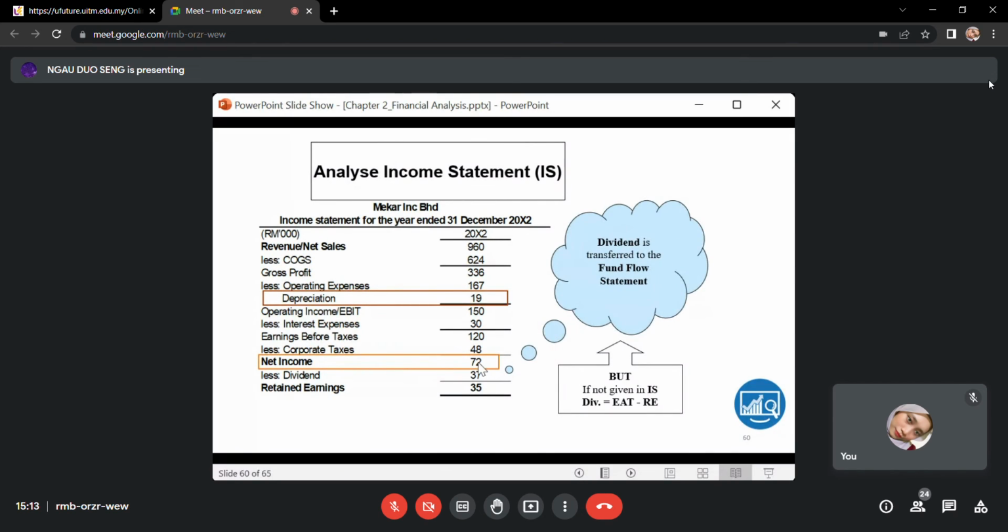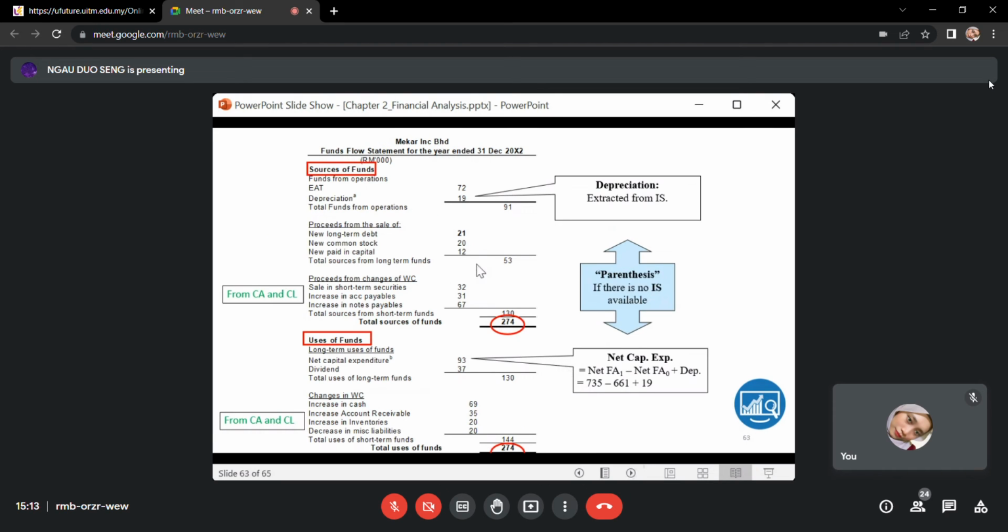So we have the net income as a source, dividend as a use. So we just move these two, 72 and 37. Here 72 and this one, depreciation, right, from the income statement.